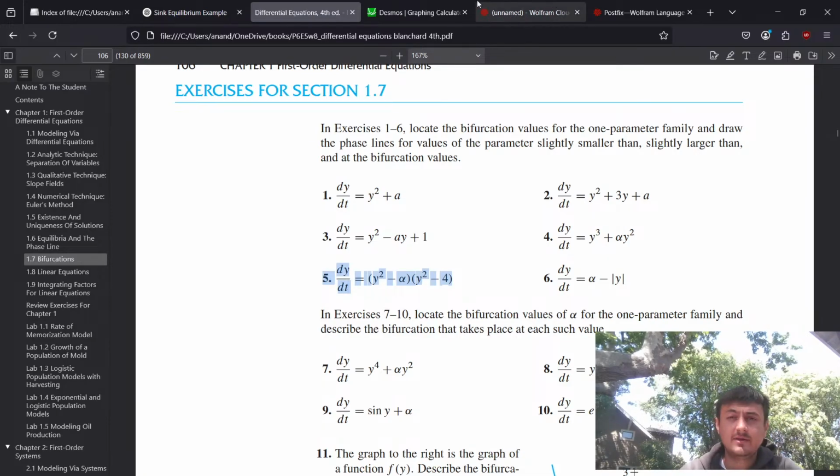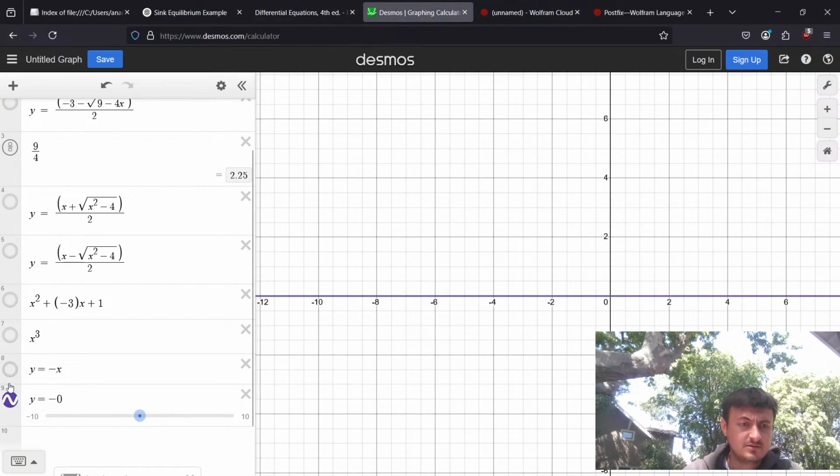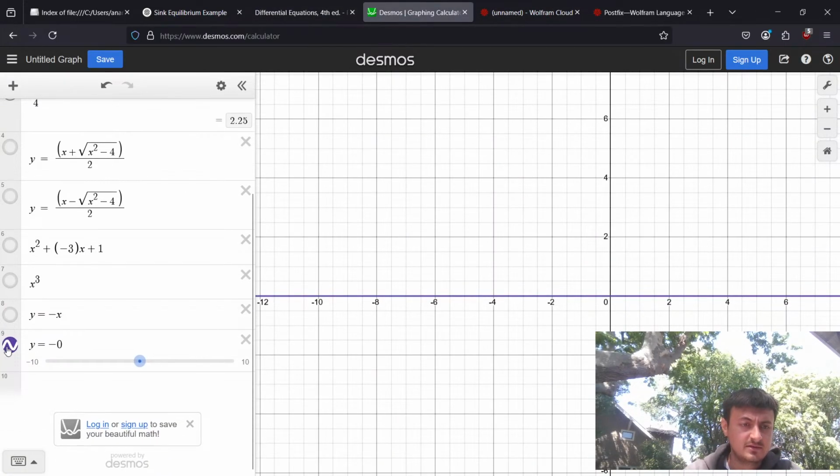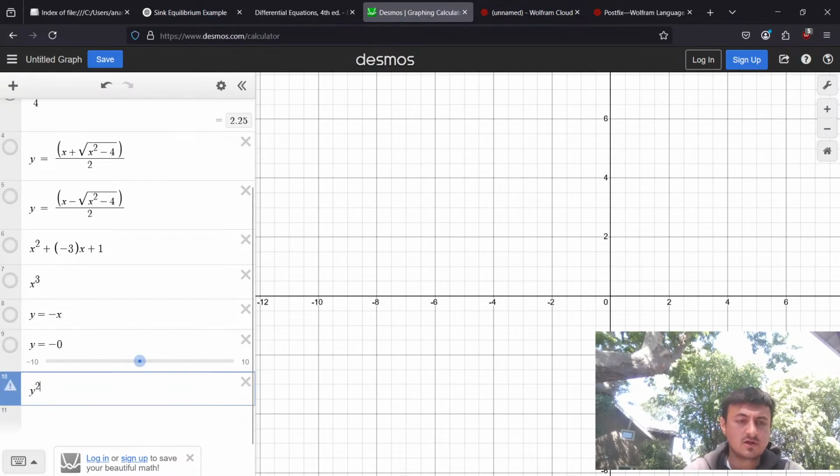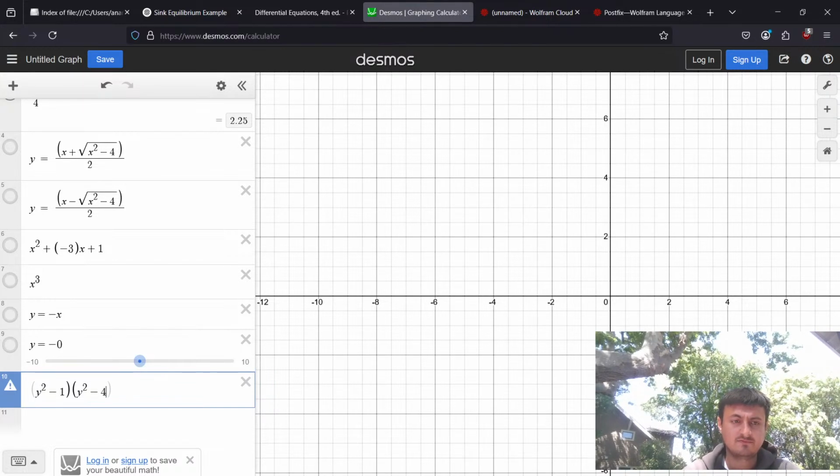So first off, this is always just good to do, I feel like. Is this cheating? I don't know. But y squared, let's say minus 1, y squared minus 4. Oh wait, Desmos wants it as x.